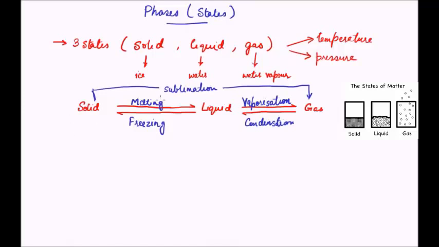So melting or fusion is the solid to liquid transformation. And a very important concept about transformations, about the change of phase, is that when the phase is changing, the temperature during the phase transformation does not change. Very important.